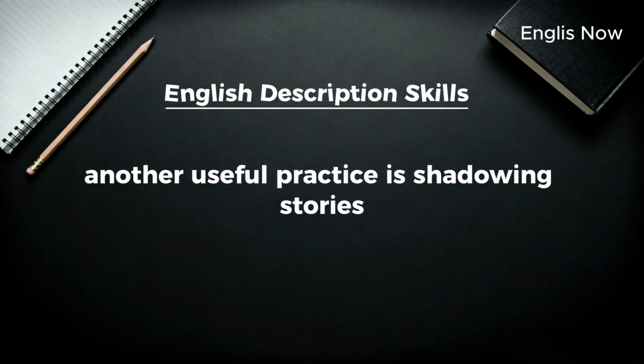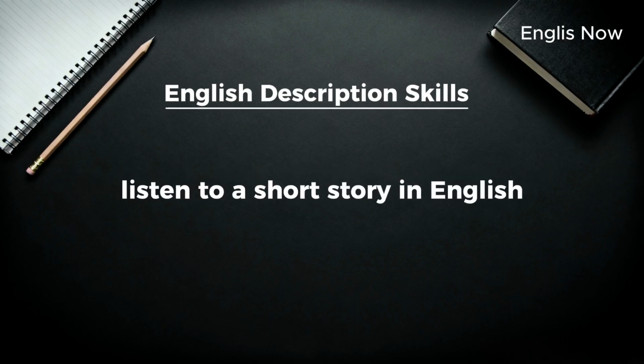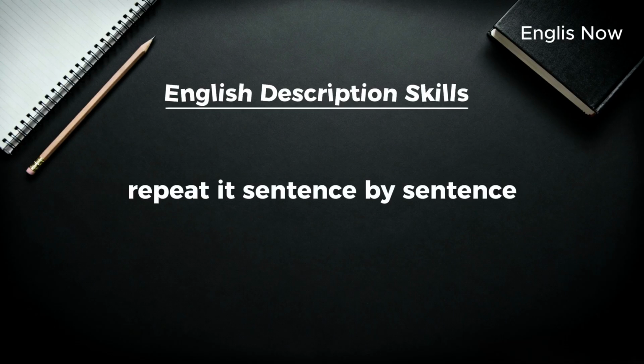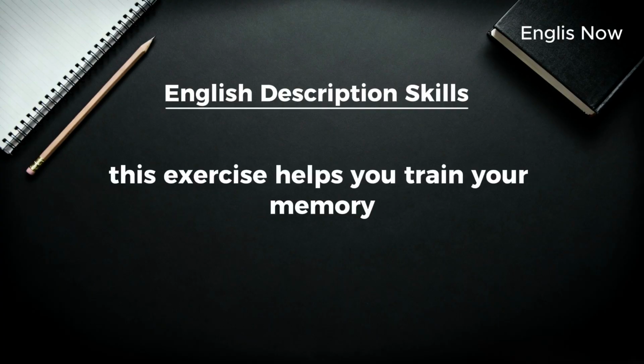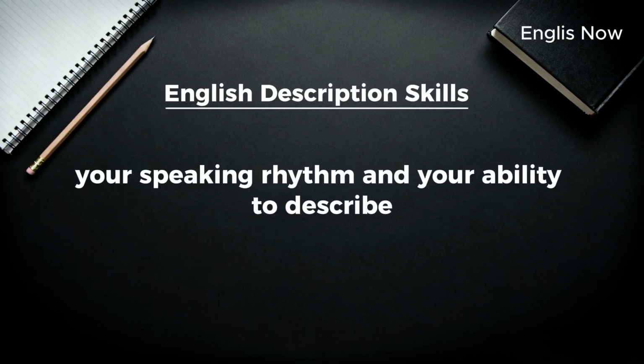Another useful practice is shadowing stories. Listen to a short story in English. Repeat it sentence by sentence, and then try to retell the story in your own words. This exercise helps you train your memory, your speaking rhythm, and your ability to describe.